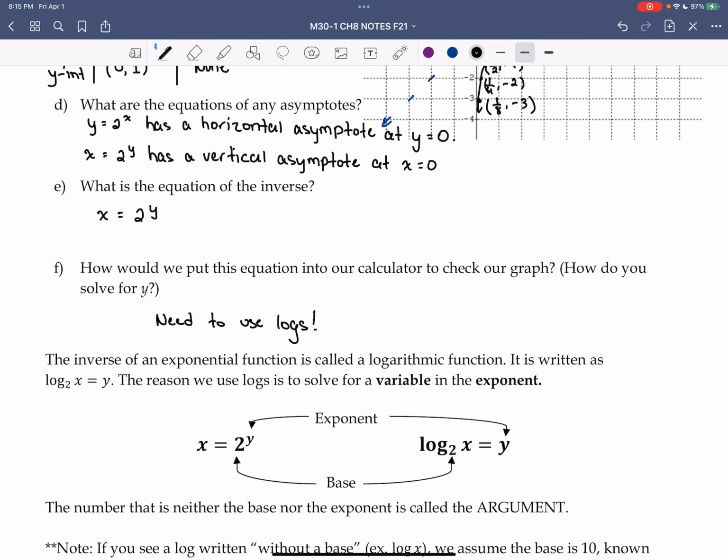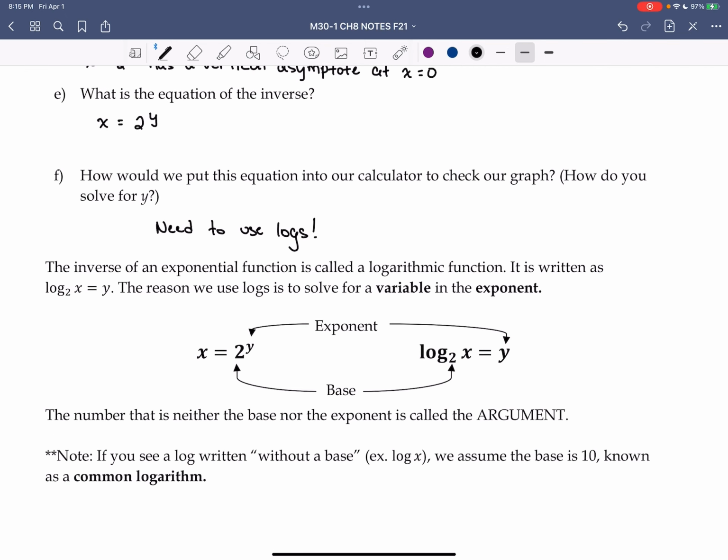The inverse of an exponential function is called a logarithmic function. The inverse of y equals 2 to the power of x is log base 2 of x equals y. The reason we use logs is to solve for a variable in the exponent. So to take an equation from exponential form, which is this, x equals 2 to the power of y, to logarithmic form, the base of the exponential function becomes the base of the log, and is written here, this subscript number.